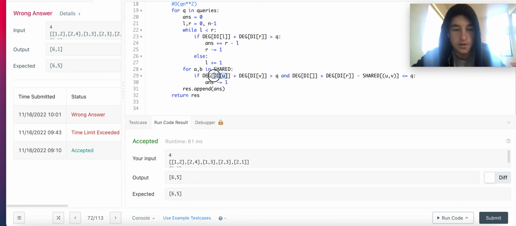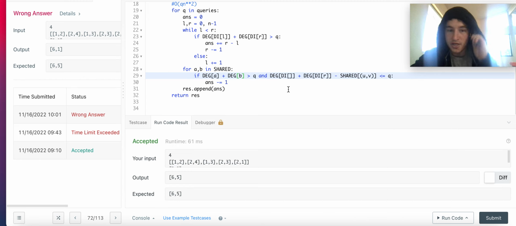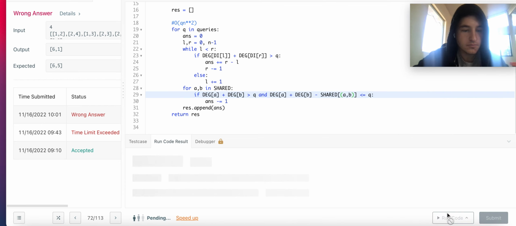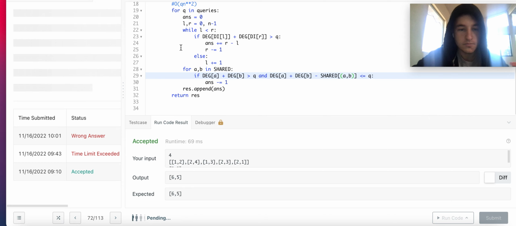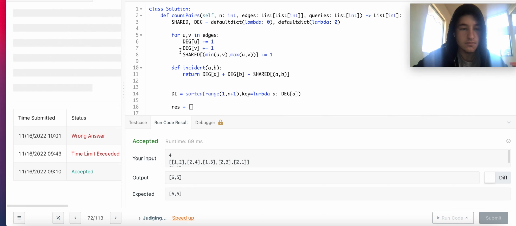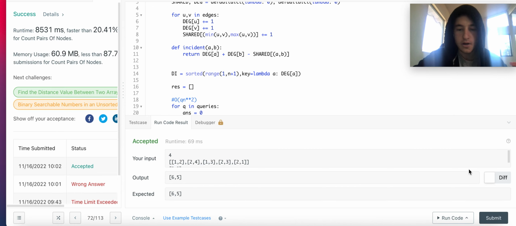It'd just be degree of A and degree of B, because we're talking about just the vertices AB, not the vertices that are in the sorted order at L and R. So degree of A and B minus this A and this B. All right, cool. There you go.